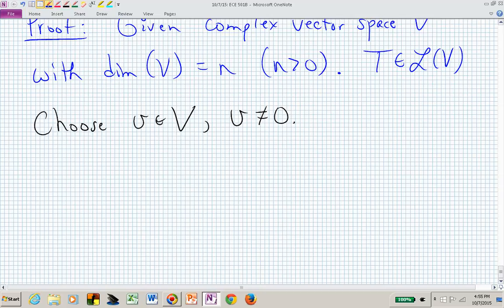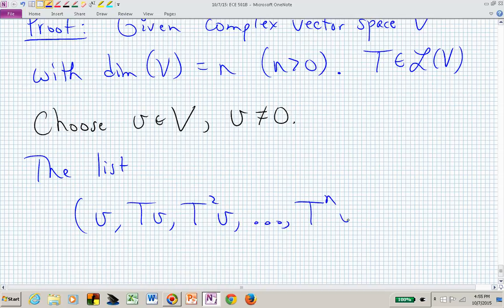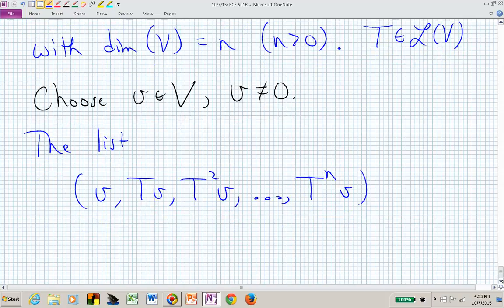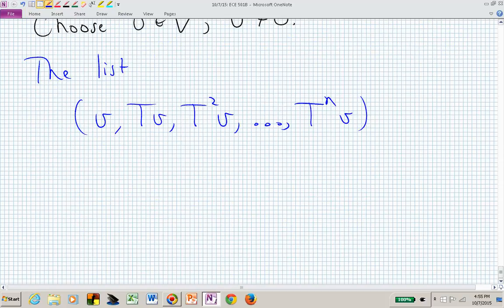Now let me create a list: v, Tv, T squared v, up to T to the n v. What can you tell me about the linear dependence or linear independence of that list?